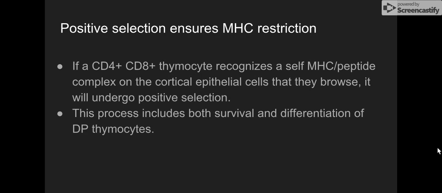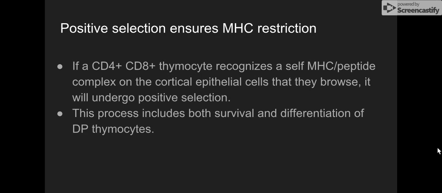The majority of newly generated thymocytes do not successfully engage the MHC peptides they encounter with their TCRs. This happens because they either have not generated a functional TCR alpha beta combination, or the combination does not bind the MHC peptide complexes with sufficient affinity.